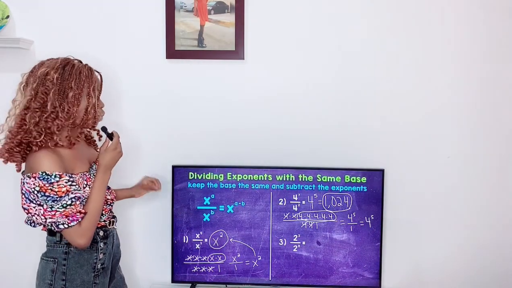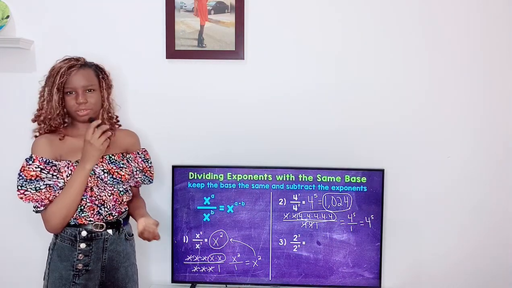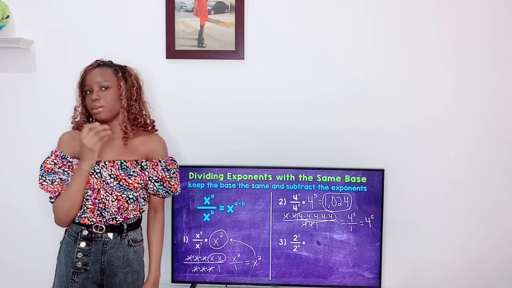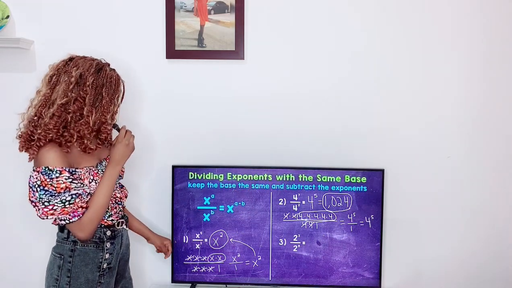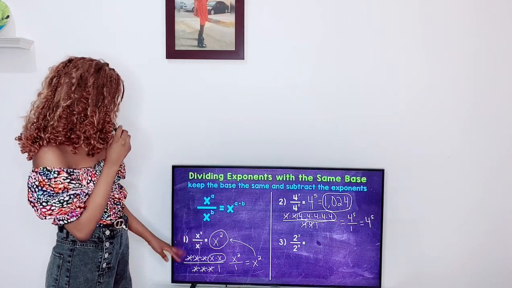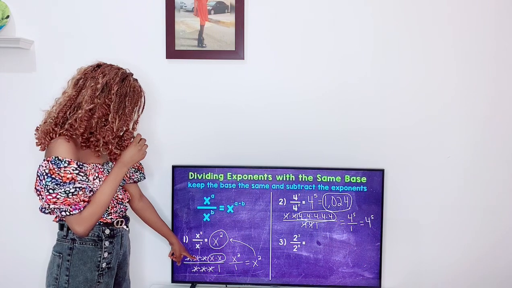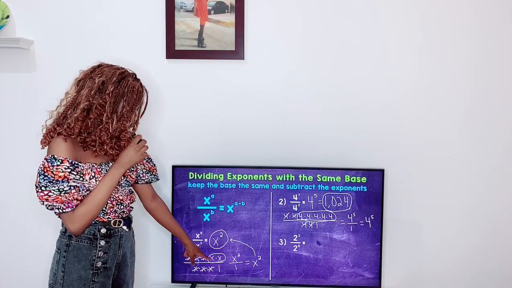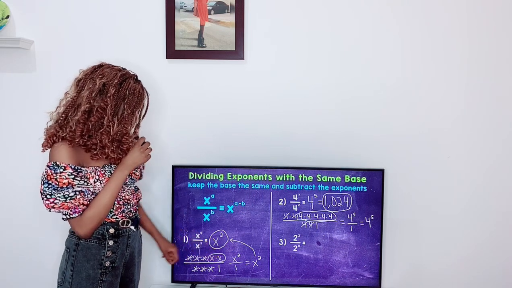All right, so if you want to write it in expanded form, you guys already know how to do that, right? Because I've already shown how to do it multiple times on this channel. So basically, x raised to the power of 5, let's start there first, is going to be x times x times x times x times x. 1, 2, 3, 4, 5.